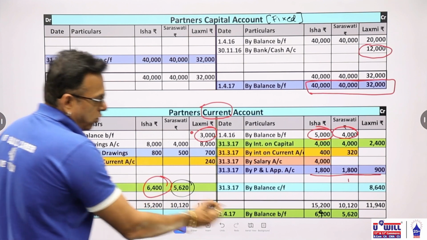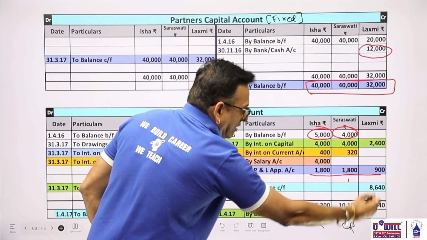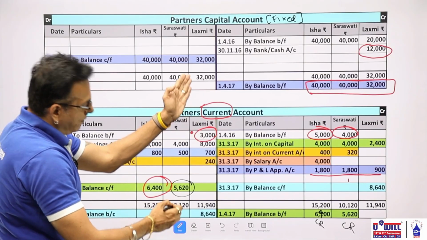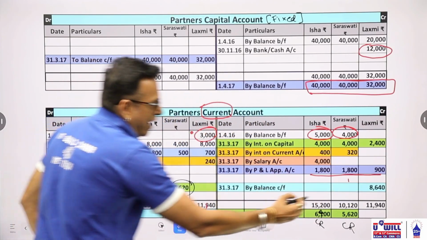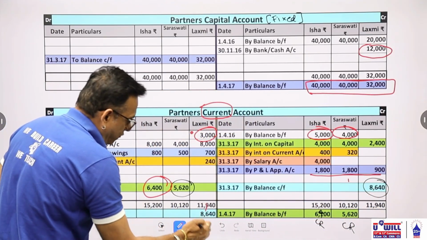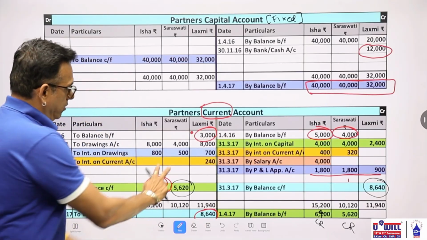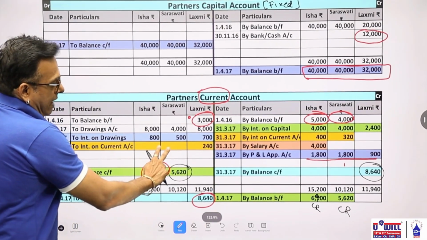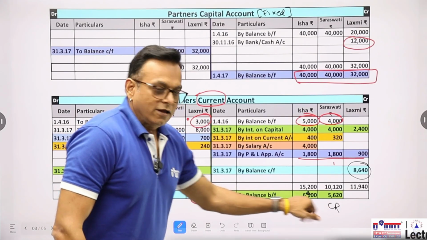So these both are credit balances, but we have a debit balance. Debit balance means the debit side is more than the credit side. So we have a debit balance of 8640, which is transferred over here. So you can see over here that there are two credit balances and one debit balance.